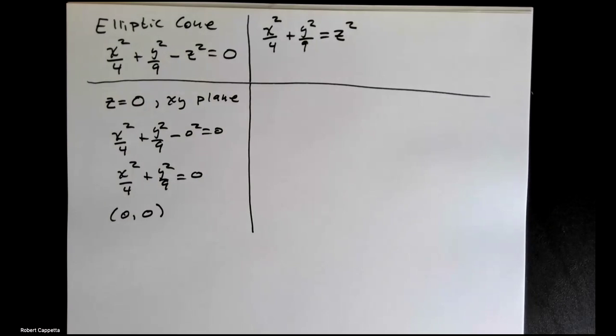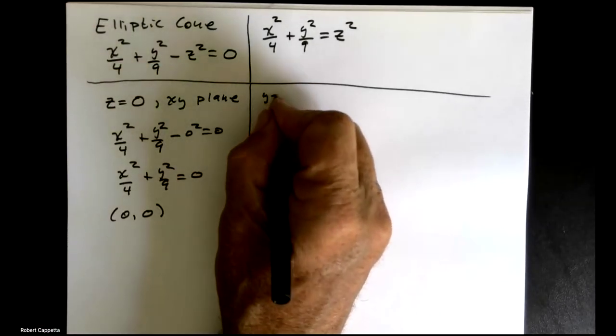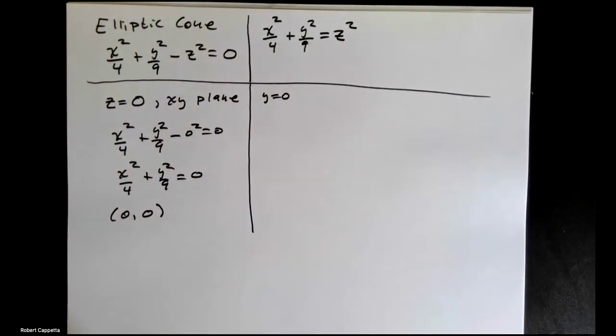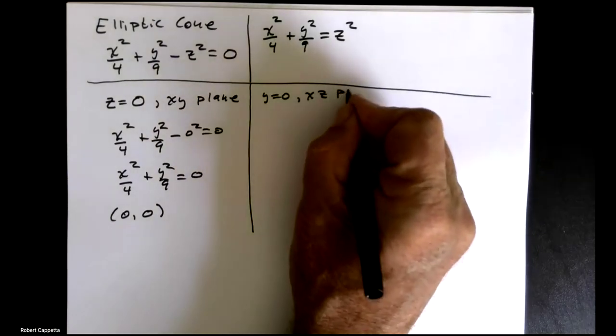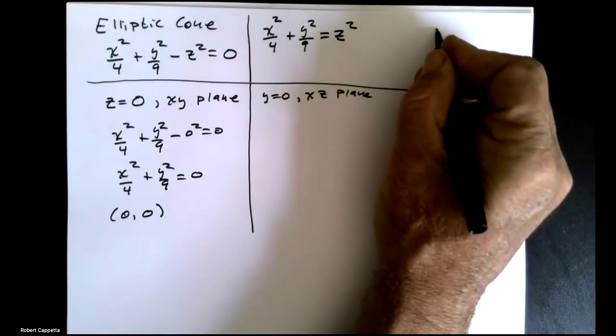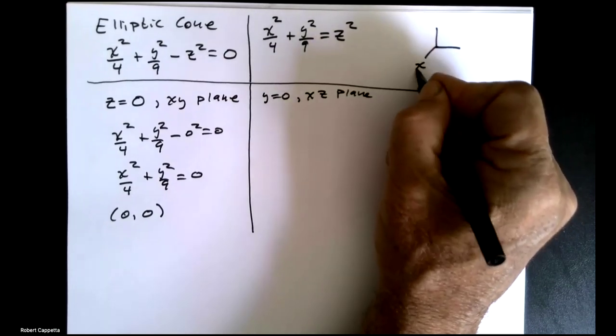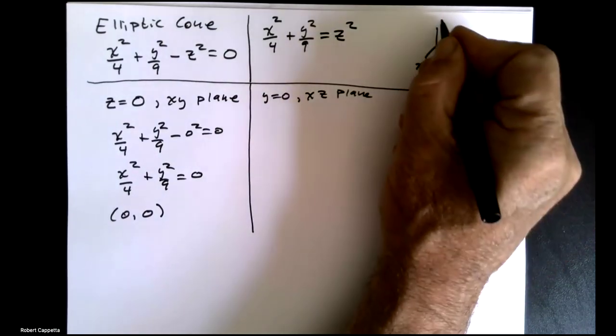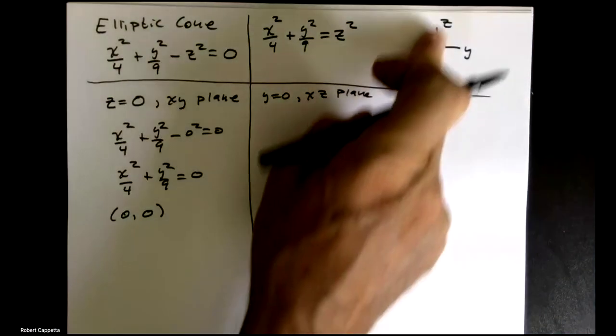Now, let's take a look at what happens if y equals 0. So if y equals 0, that is what? That is intersecting the xz plane. And let's think about that for a minute. X comes out here, y goes up there, z goes there. So the xz plane is the left side, if you will.